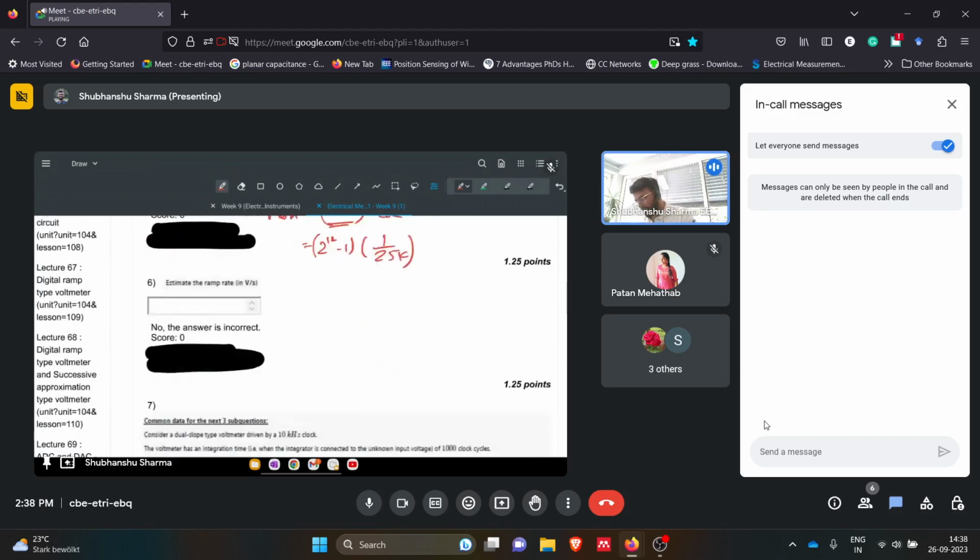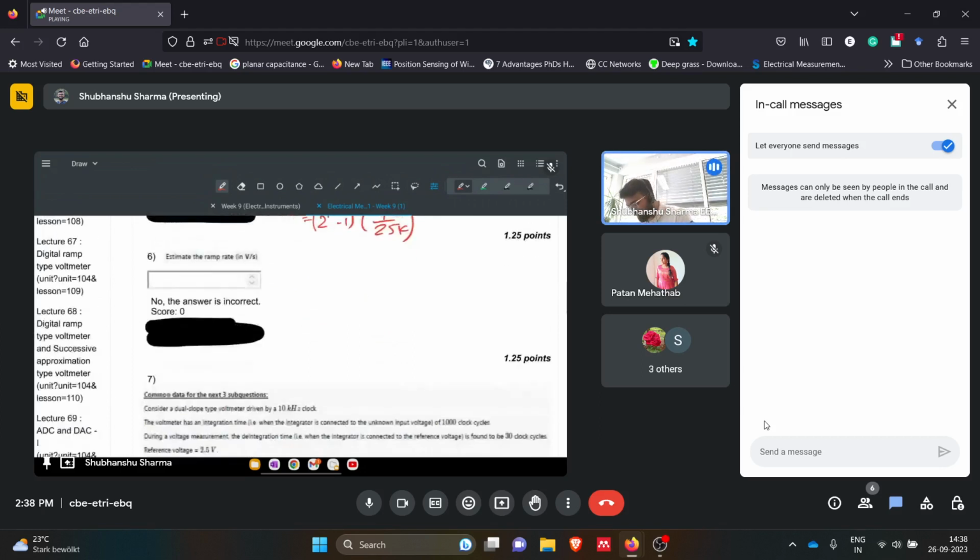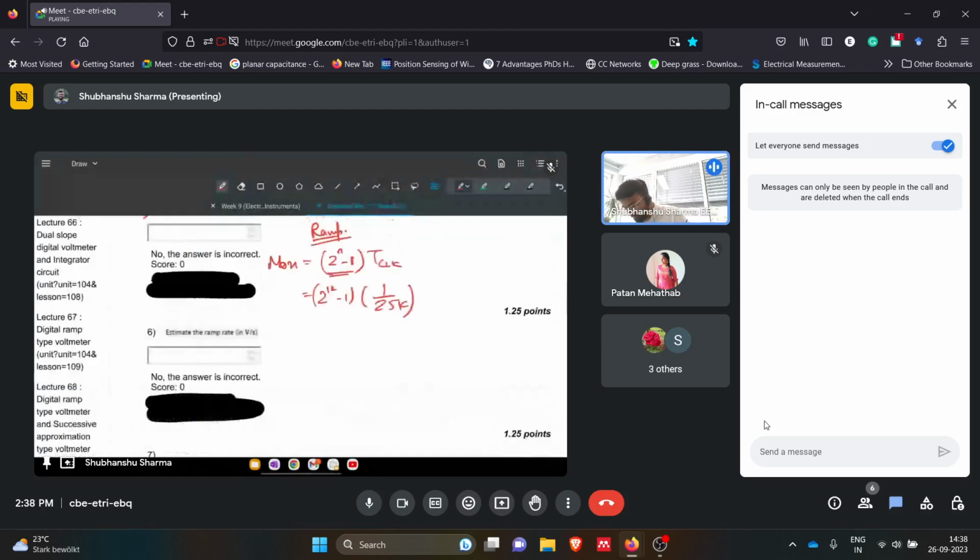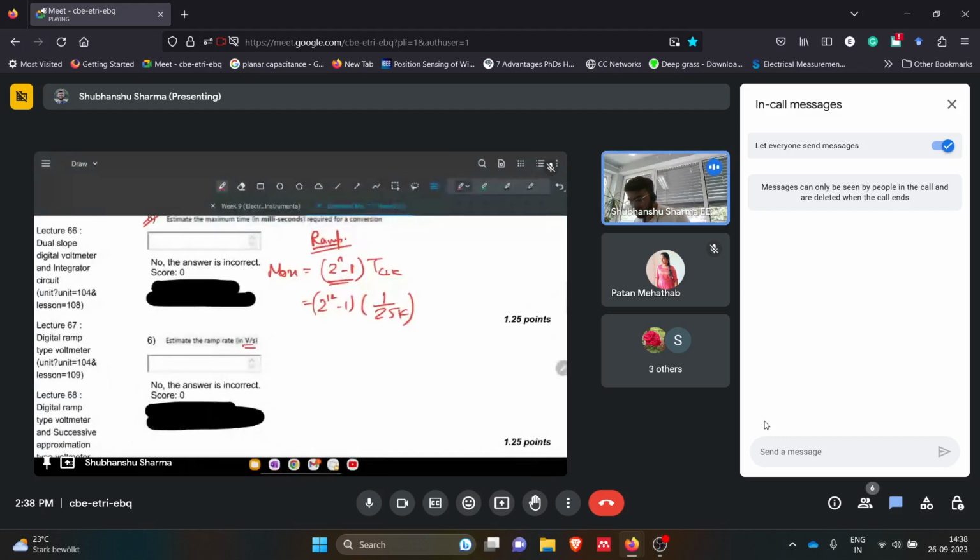So the next question: estimate the ramp rate. Ramp rate, as they said, is in volts per second. So the rate at which it is converting that voltage. Since we need that rate, it will be with respect to the maximum value of the voltage, 2.5, and the corresponding maximum time it takes for this conversion, which is what we calculated from this.